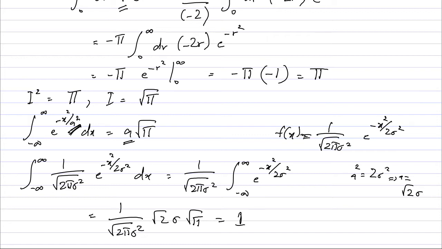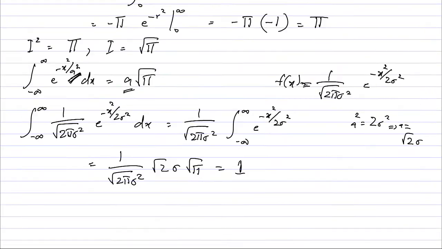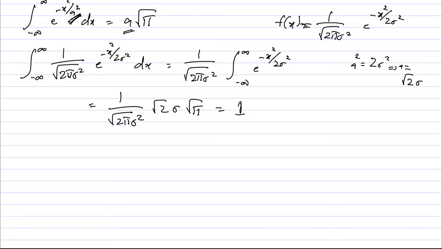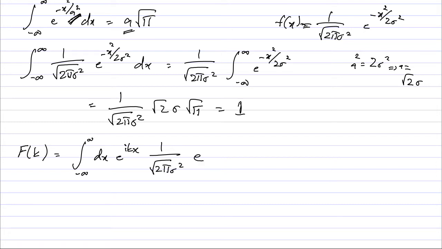Now let's calculate its Fourier transform. To calculate the Fourier transform, I just use the definition. So I have the integral dx of e raised to the power i kx, and here you essentially just plug in f of x. So this is 1 over square root 2 pi sigma square e raised to the power minus x square over 2 sigma square.